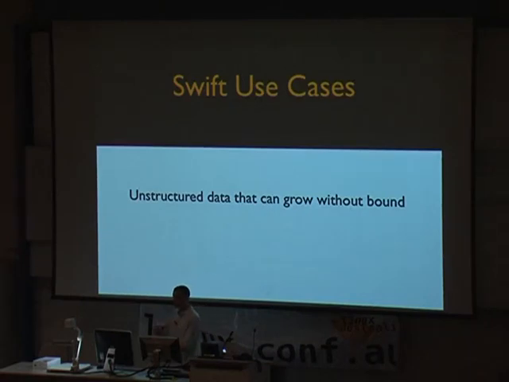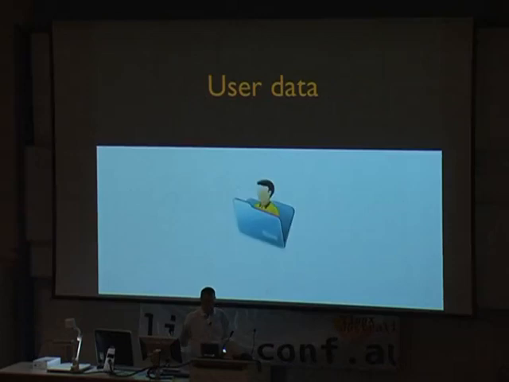So if we're looking at optimizing across many clusters, what are some examples of how that will work? Generally, Swift is going to be good for any sort of data that is unstructured and can grow without bound. So, user data. Things where you're storing a little piece of information about users, or you have user-generated data.